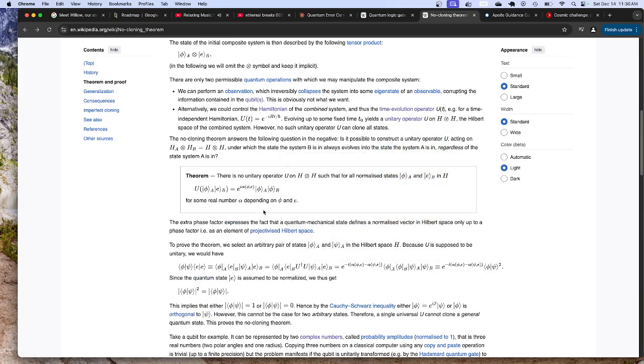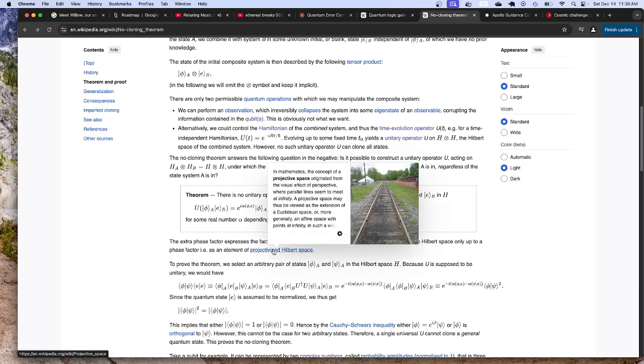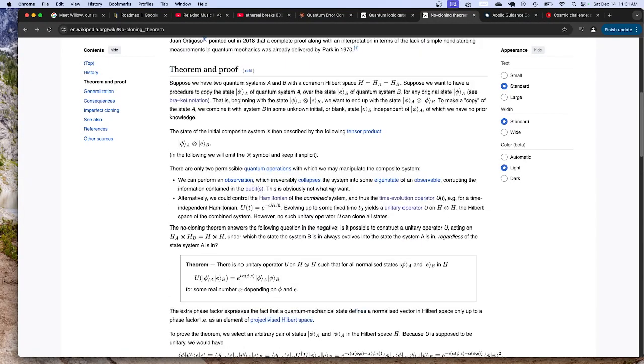Projective Hilbert space. I'm intrigued by the photo here. The visual effect of perspective where parallel lines seem to meet at infinity. Projective space may thus be viewed as the extension of a Euclidean space. Okay.